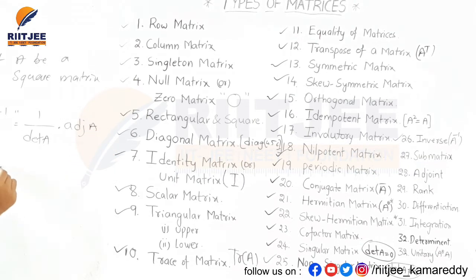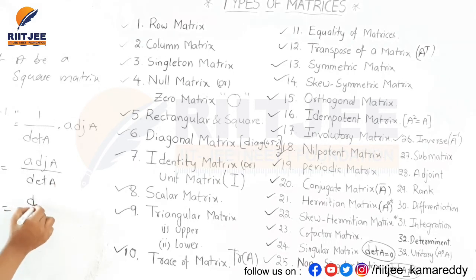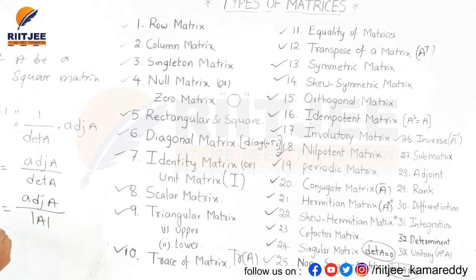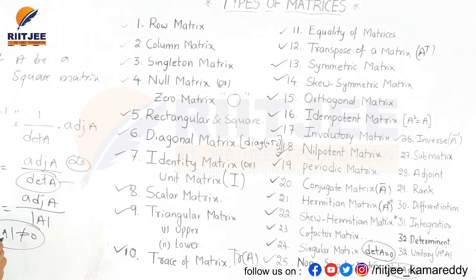Again we can denote it as adjoint A by det A, or else A inverse is equal to adjoint of A by mod A, where mod A is not equal to 0. If the det value is 0, it will become 1 by 0, that is infinity, so mod A must not equal 0.